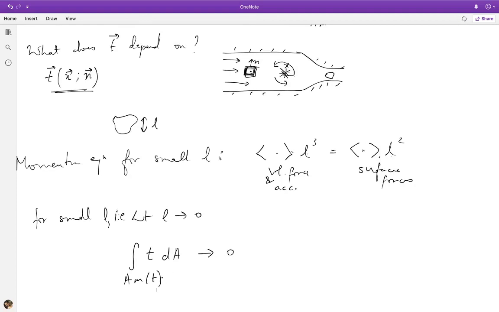This is in the limit of a shrinking material volume. So now this itself has a couple of important implications. Sorry, I forgot the limit sign here. Yes, it's better to write it this way, is equal to 0. Okay, so this has a couple of consequences.